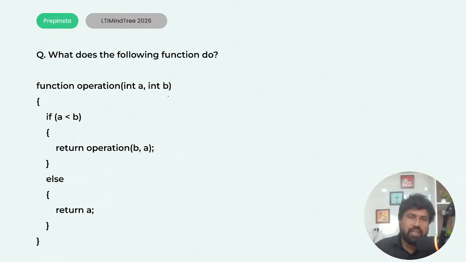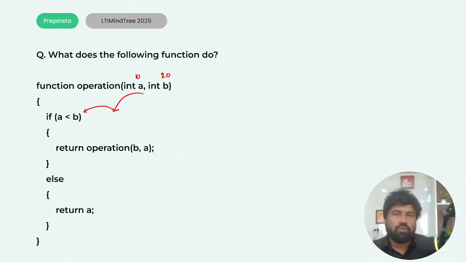Function operation int a comma b. If a is less than b, return operation of b comma a, else return a. Whenever you have this type of question, always take the trial and error method, which is nothing but taking a value as 10 and b value as 20. So a is 10, b is 20, it will enter the function and go to the if statement. Don't think about the programming language. Sir, is this C, C++, Java or Python?